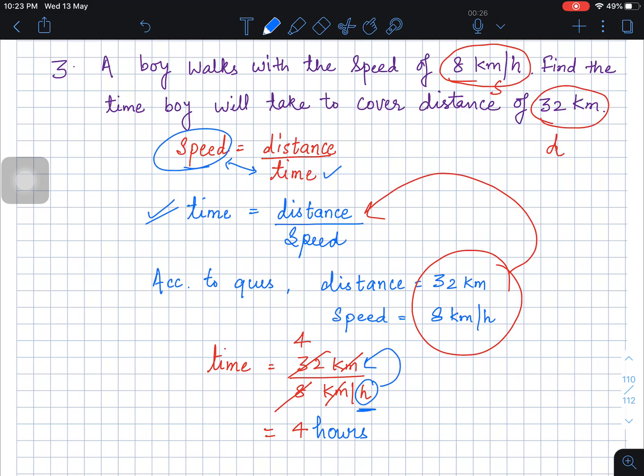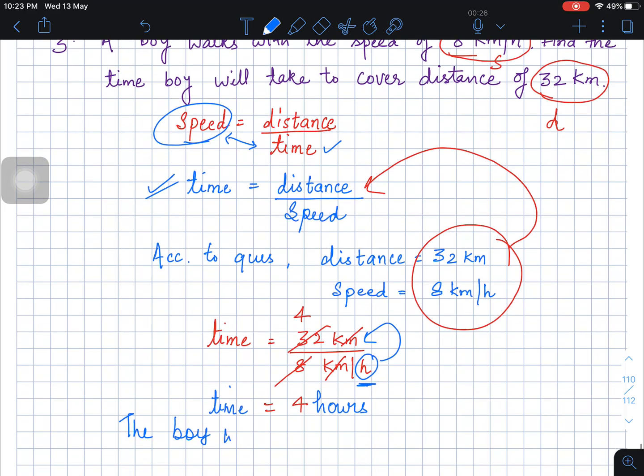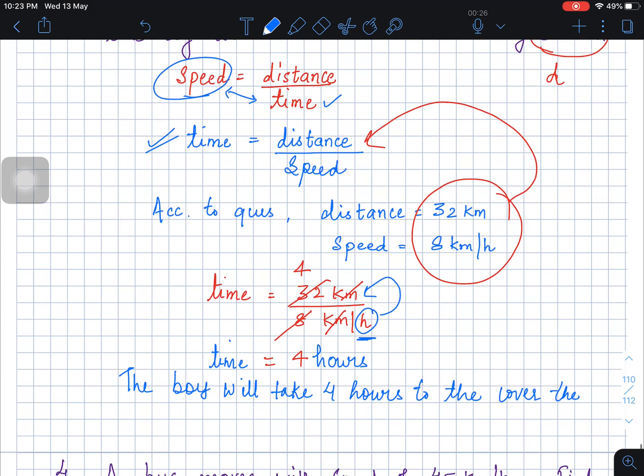Here the unit for time will be hour because we have hour with the speed. So the boy will take 4 hours to cover the distance of 32 kilometers.